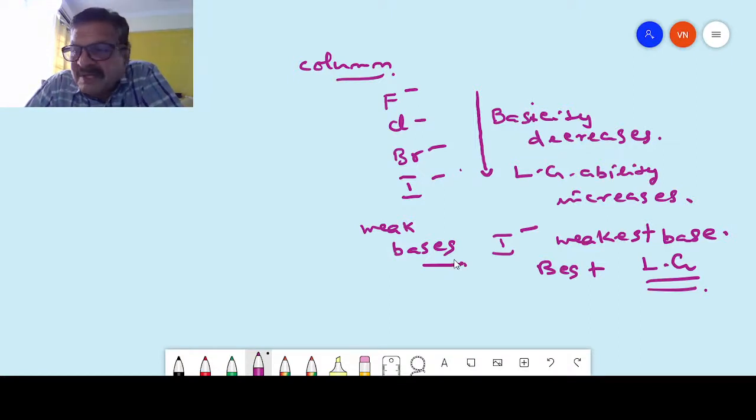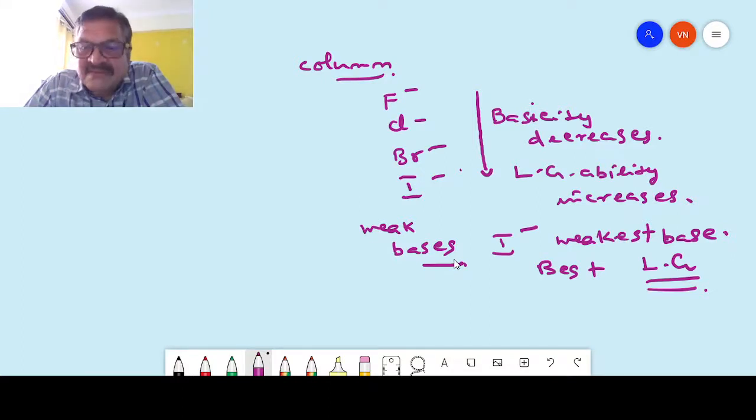A strong conjugate acid means a low pKa value. Therefore, all halide anions except fluoride are good leaving groups, because their conjugate acids have low pKa values.